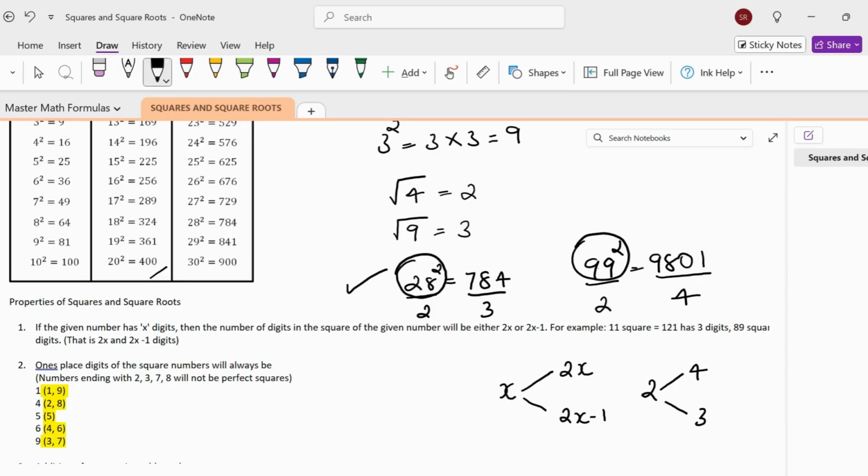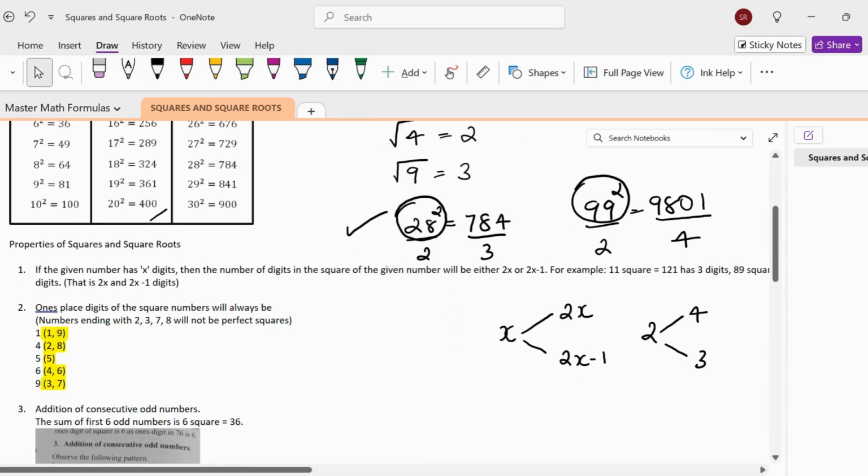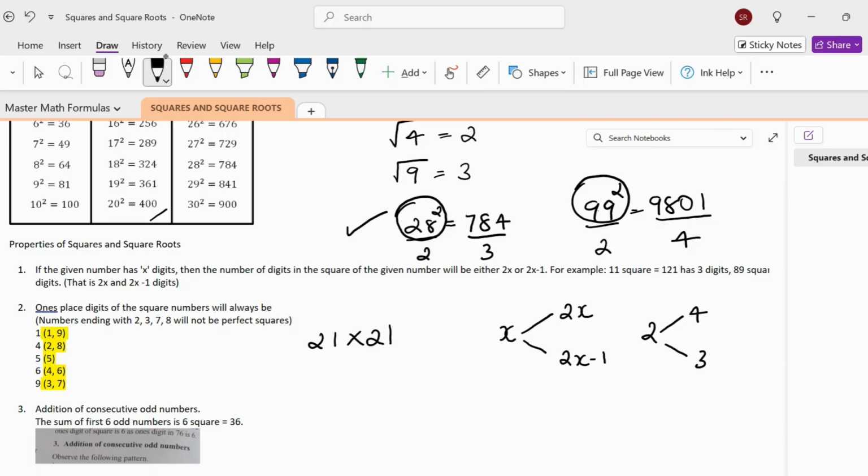Now coming to the ones place. Depending upon the digit in the ones place of the number, you can guess the digit in the ones place of the square of the number. That is, if you have say 21, 21 into 21, 1 ones are 1, 1 twos are 2, 2 ones are 2, 2 twos are 4, 441.